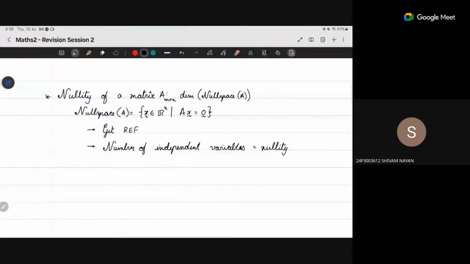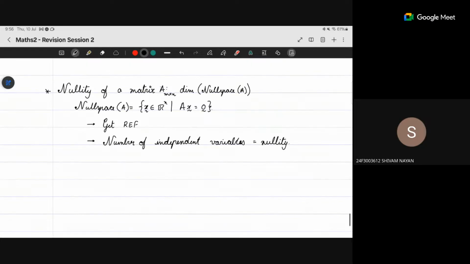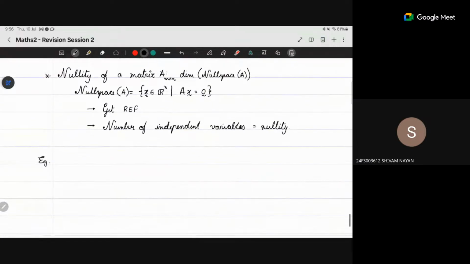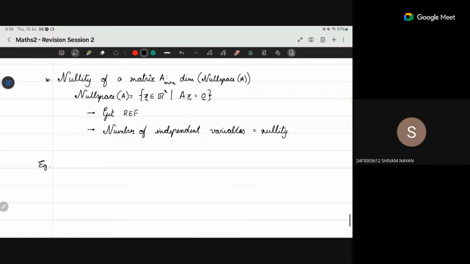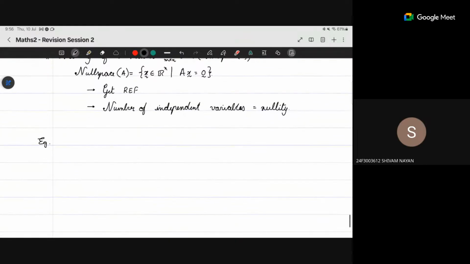How do you get a basis for the null space? It is just by solving this system of linear equations. Let me give you an example. Solving a homogeneous system of equations is something that we have already seen in week 1 and week 2. But let us take some matrix, something like a 3 cross 4. I'll just write random stuff.